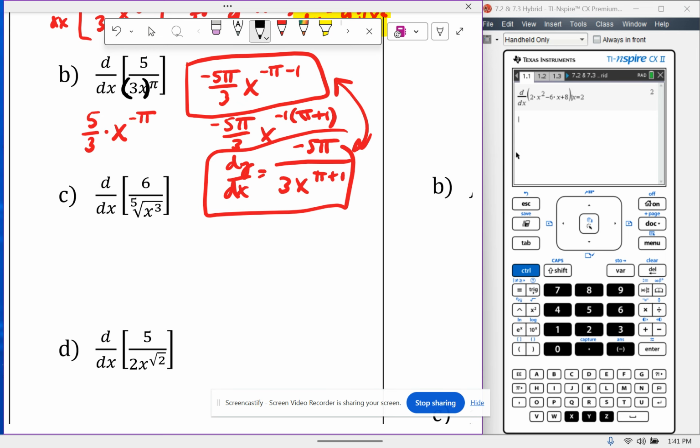But it's just going to the x because there are no parentheses there. So then why did it become negative 5 pi over 3? Because x was raised to a negative pi. So when I brought it down, I multiplied it by the coefficient out front. So it was 5 over 3 times negative pi over 1, essentially.